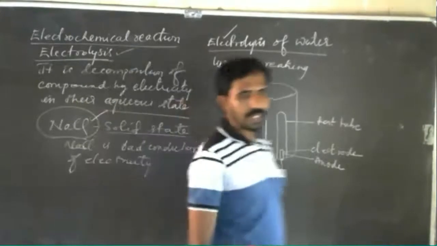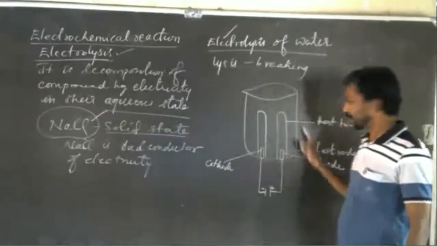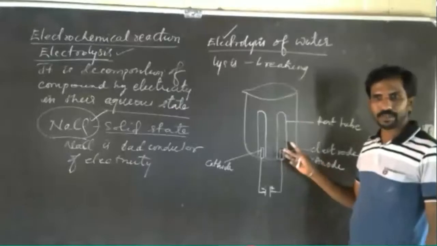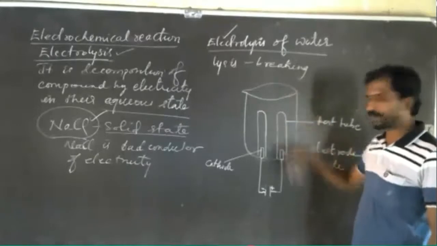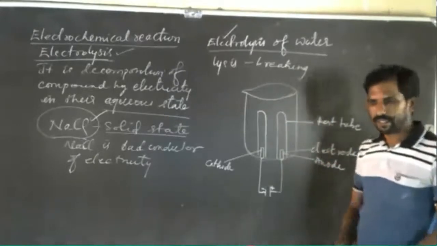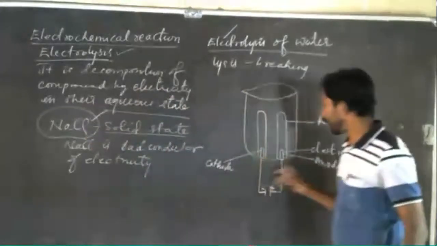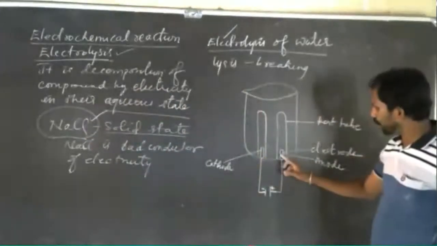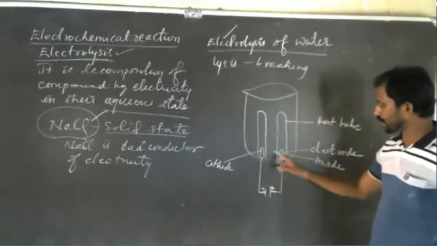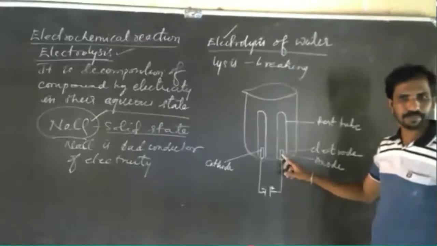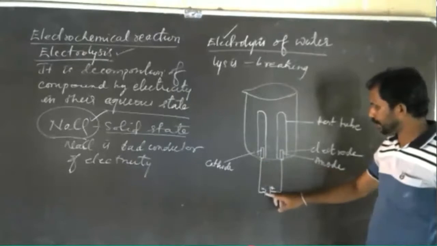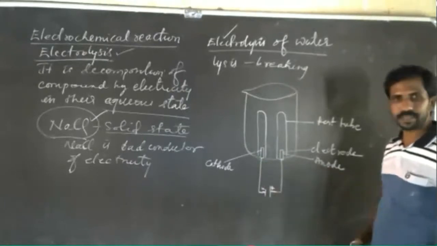So first we have to take a tumbler and we have to take two test tubes and those two test tubes should be placed inverted in this tumbler. Then we have to place two electrodes inside the test tubes. One electrode should be connected to the negative terminal, another to the positive terminal.